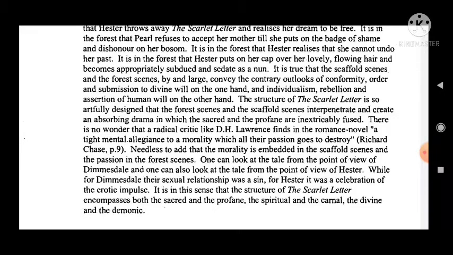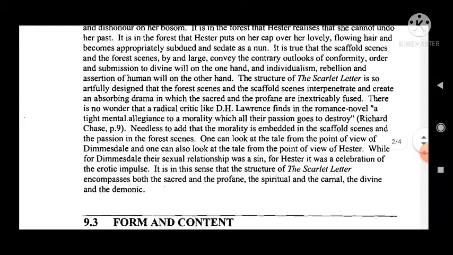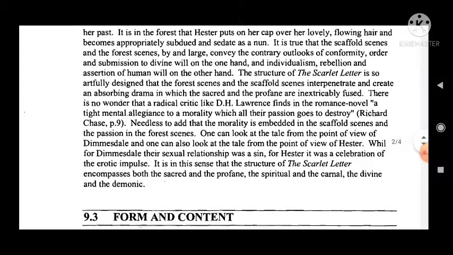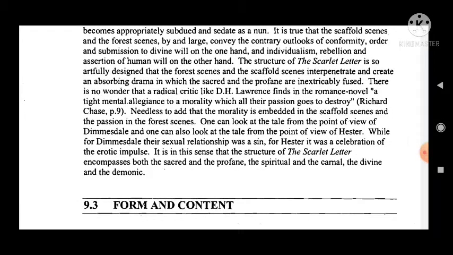The structure of The Scarlet Letter is so artfully designed that the forest scenes and the scaffold scenes interpenetrate and create an absorbing drama in which the sacred and the profane are inextricably fused.